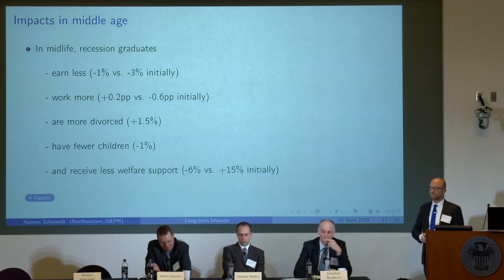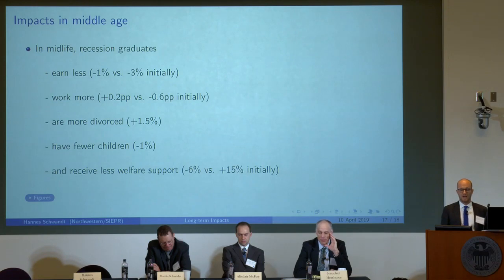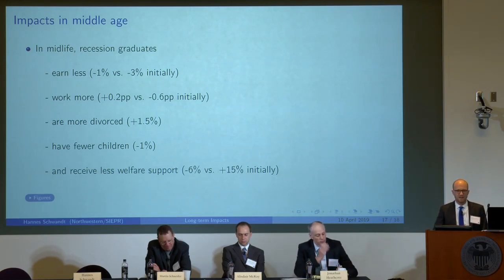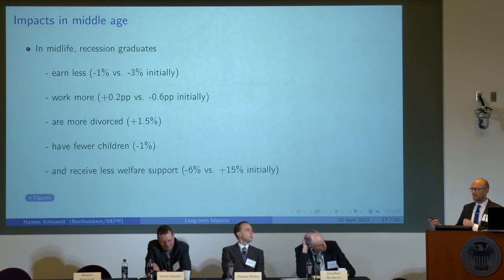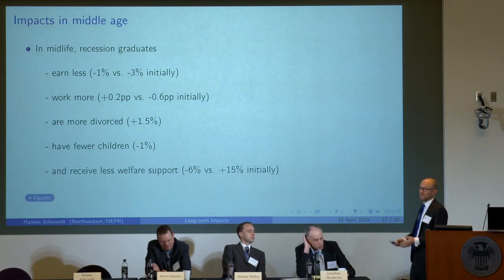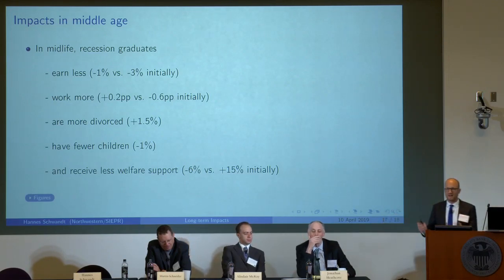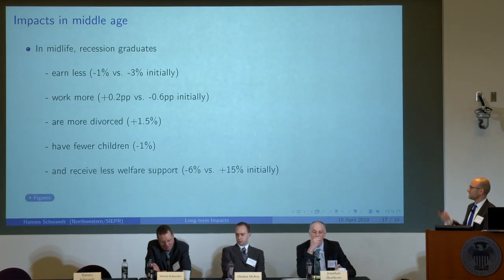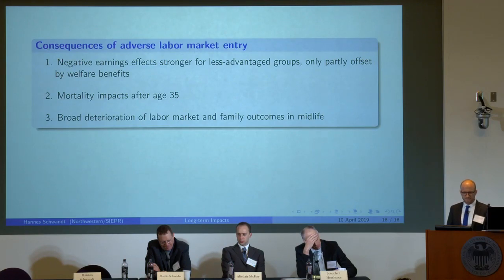Nevertheless, they seem to be suffering, and in particular not due to individual-level laziness or poor life choices, but really due to macroeconomic conditions, which essentially means that this is a cohort that was unlucky around graduation, and we see these really persistent long-term effects.